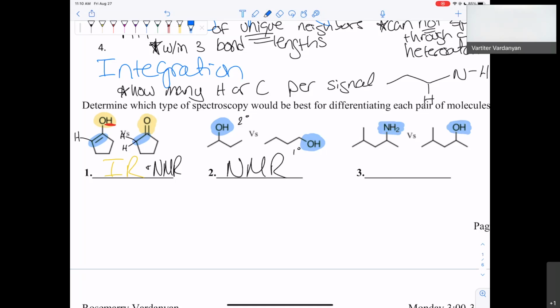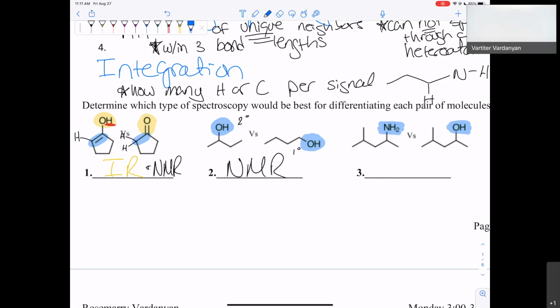And let me explain. So in the first example, we had a big difference, right? It was 1 hydrogen on a double bond versus 2 hydrogens on a single bond. And then we had an OH versus nothing, right? In the third example, we have a nitrogen and an oxygen. Both of those are heteroatoms, right? So on an NMR, they would be pretty close.